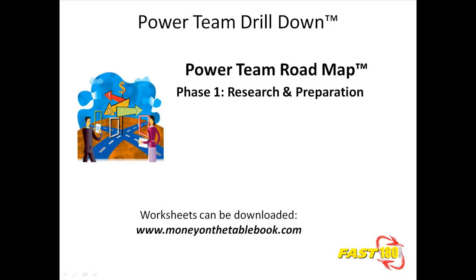The Power Team Roadmap closely follows the Power Team Action Grid and is broken down into 3 phases, beginning with research and preparation. Research and preparation begins with you completing the 10 key question worksheet. In the Money on the Table book, there's a section that goes into detail on how to use the 10 key questions to clearly articulate your differentiated value and also clearly describe your target market.